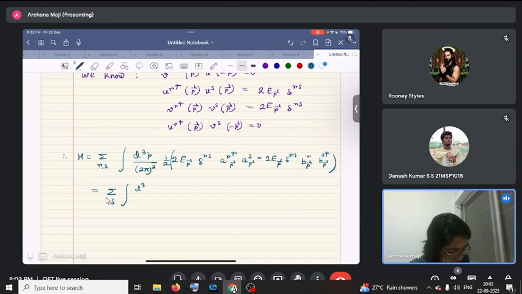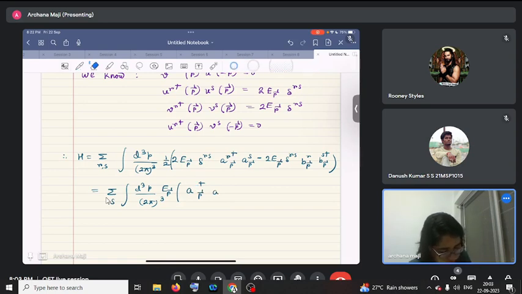because of that delta function, (2 pi)^3 E_p, taking outside, we have minus.